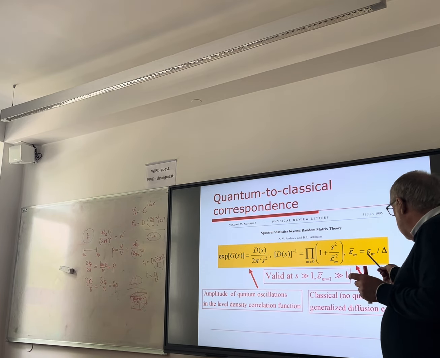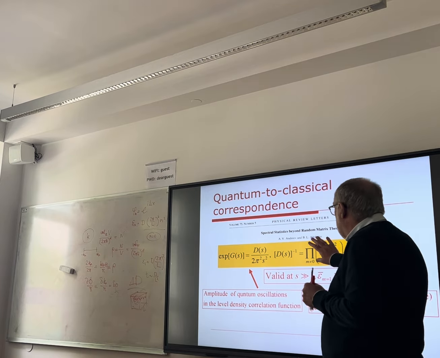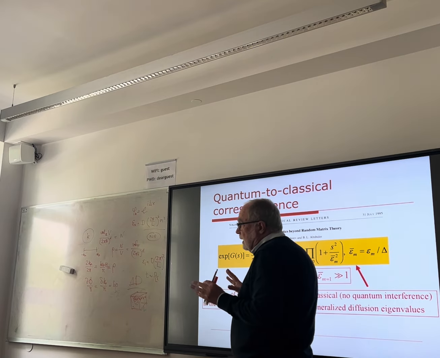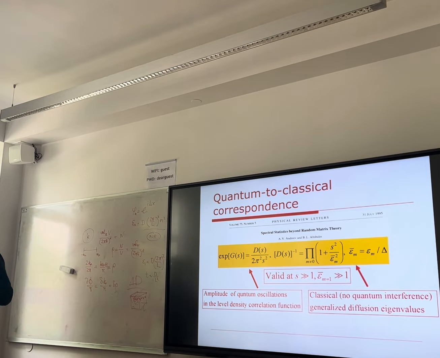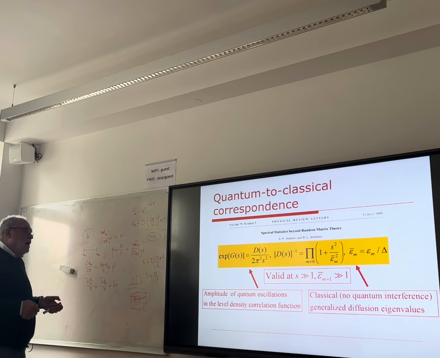So, okay, what I'm going to do, I cannot derive this formula because for that we need the sigma model. I bothered you by symmetry groups, then I bothered you by Luttinger liquid. If I would start to bother you with the sigma model, you would not be okay.